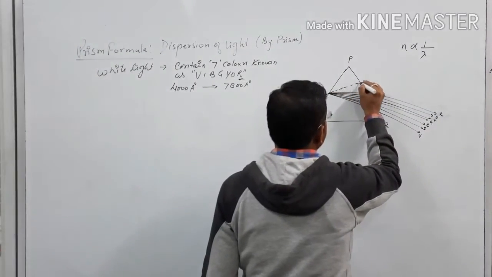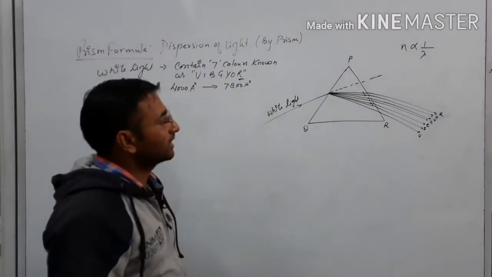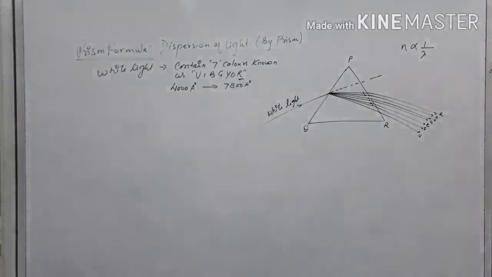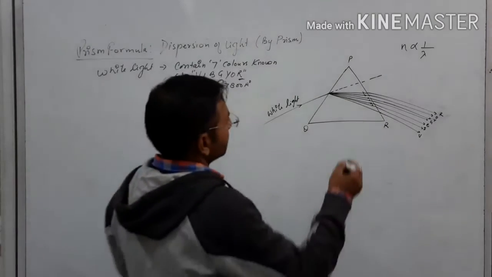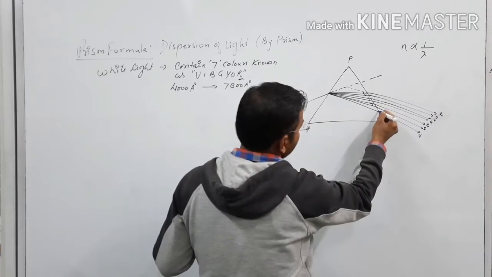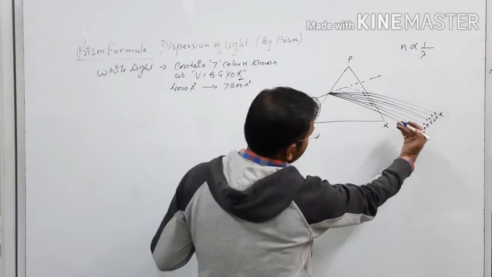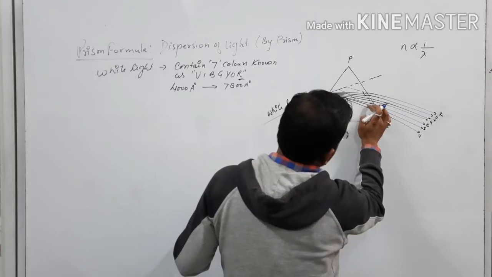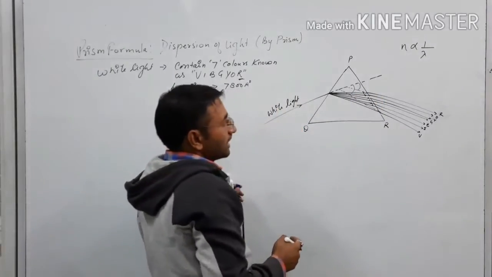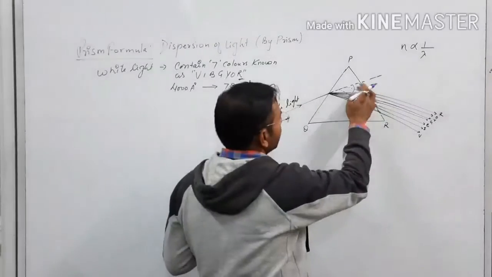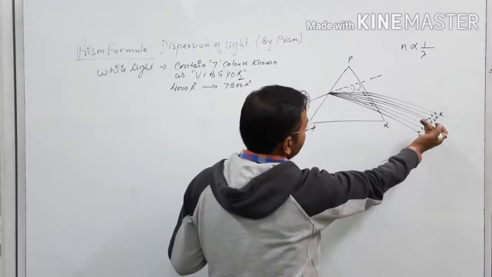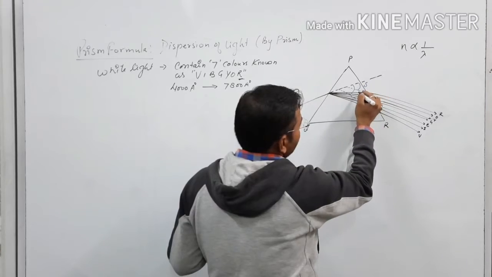If we extend the incident ray in the forward direction, and extend the emergent ray in the backward direction, the angle between the incident ray extended forward and the emergent ray extended backward is called the angle of deviation.